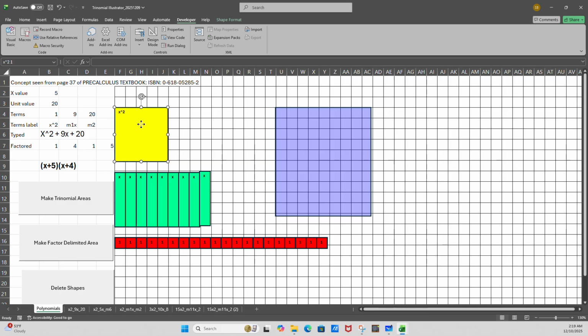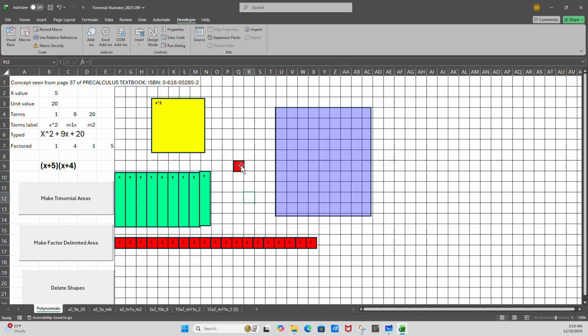So we have x squared, this right here. Then we have 9x, and then we're adding 20. We're adding 20 individual units, just one square unit, but times 20. These will all accommodate the same area as this rectangle. And this rectangle is x plus 5, so 5 plus 10.